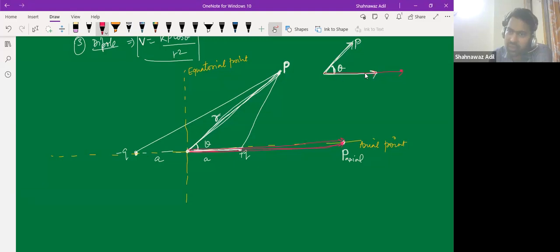This is always the same. So now what is the angle if I choose this P point? The angle would still be the same, right? Because I have this angle.